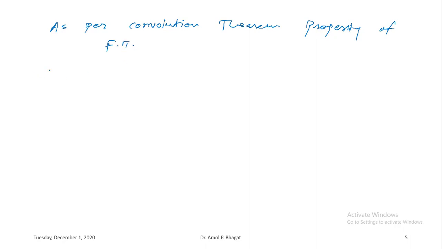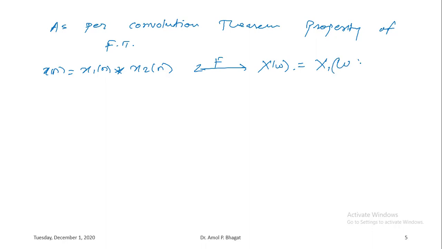So as per the convolution theorem property of Fourier transform, the convolution x of n, that is x1 of n convolved with x2 of n, in the Fourier domain is simply the multiplication of their respective Fourier transforms, that is X1 of omega multiplied by X2 of omega, right?